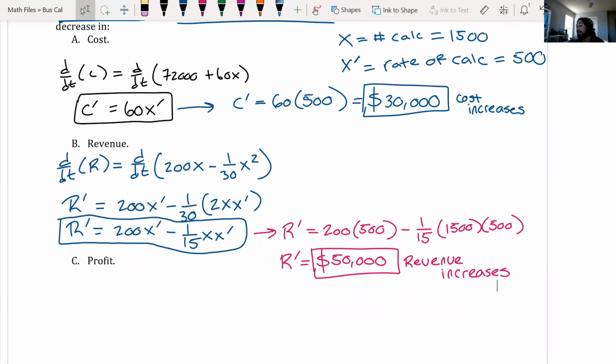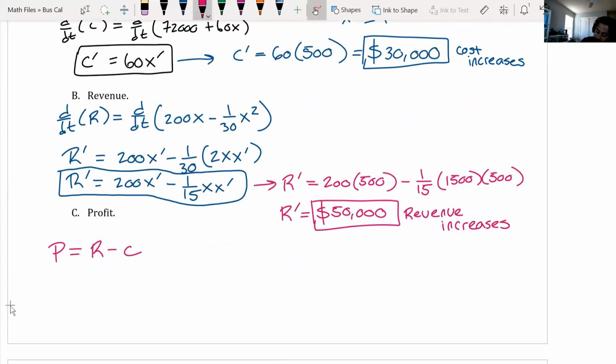And then the last one is easy money. It says, what is the profit? So remember, profit is given by revenue minus cost. Well, we're going to take the implicit derivative of, not revenue, sorry, of profit.